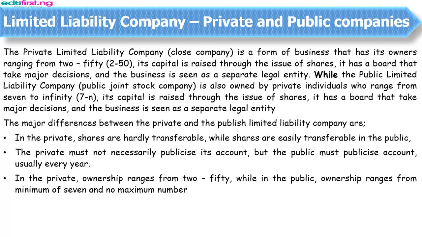In the private limited liability company, ownership ranges from 2 to 50, while in the public limited liability company, ownership ranges from a minimum of 7 to no maximum number.